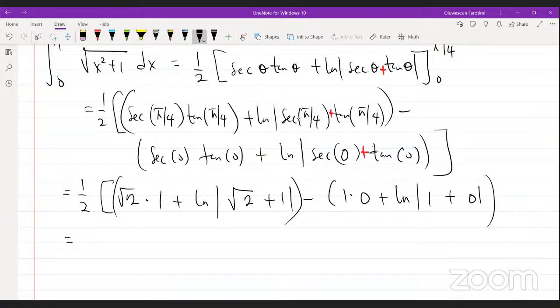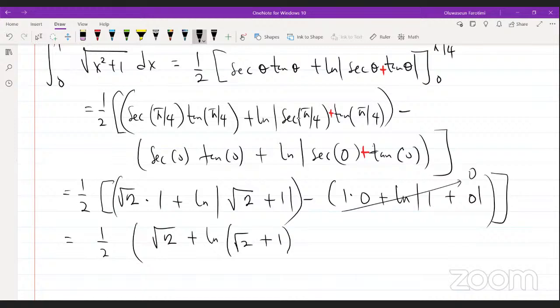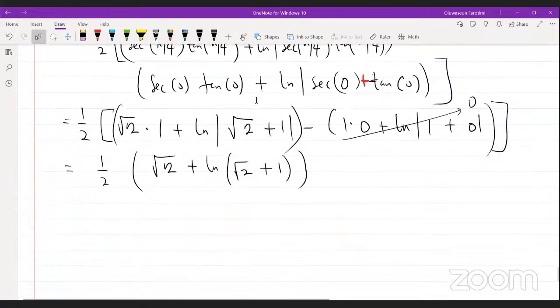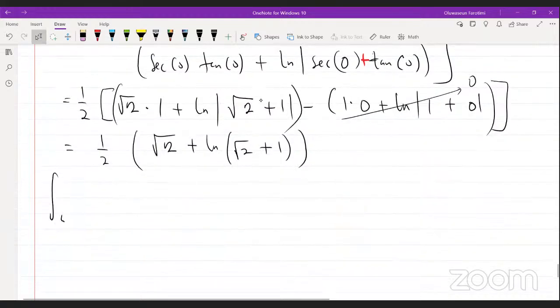And this guy is going to be 1 multiplied by 0 is a 0, right? The whole of this guy goes to 0. So my final answer becomes 1/2 square root of 2 plus ln of square root of 2 plus 1. Okay, so let me write it nicely.